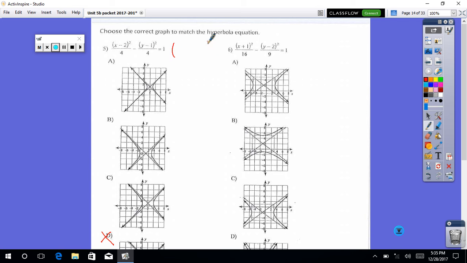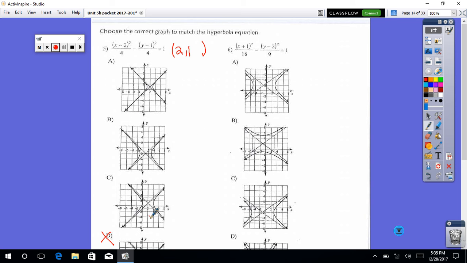So my x coordinate of my center is positive 2, my y coordinate is positive 1. Remember, that's for the center of your box. Don't forget that the signs are opposite. When we put in a negative, that's when it actually becomes positive. So in this situation, both of these are minuses inside the parentheses, so they become positive when you pull them out.